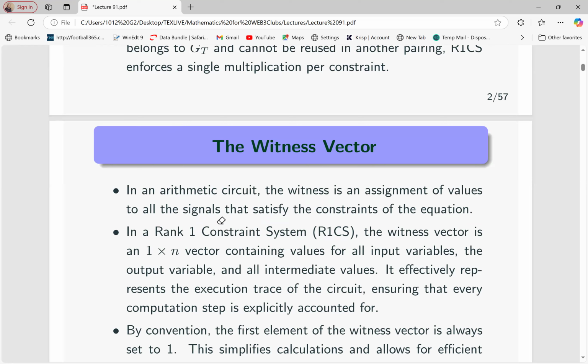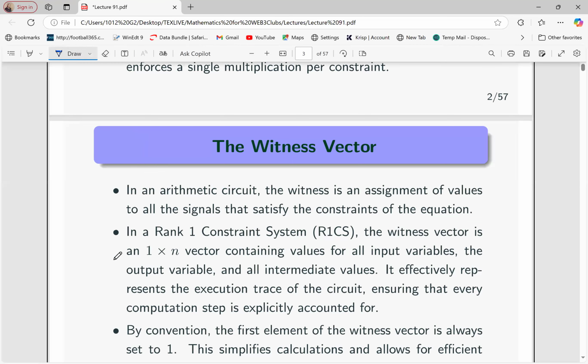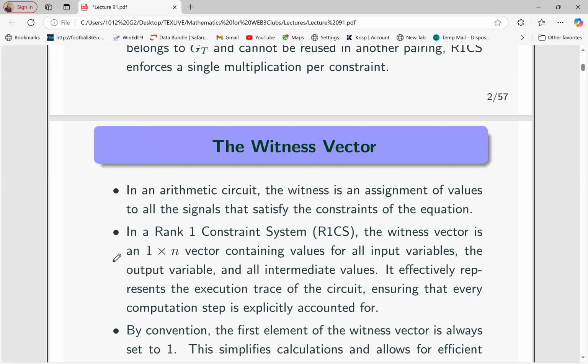But now what happens as we proceed with the rank 1 constraints? It's important for us to get to know what our witness is as we proceed. I've said in the rank 1 constraints, the witness vector will be a 1 by n vector. This is what I mean here by 1 by n: it has one row and n columns.